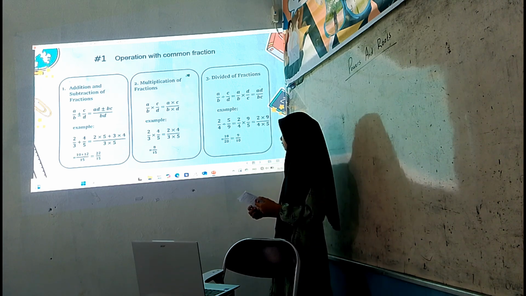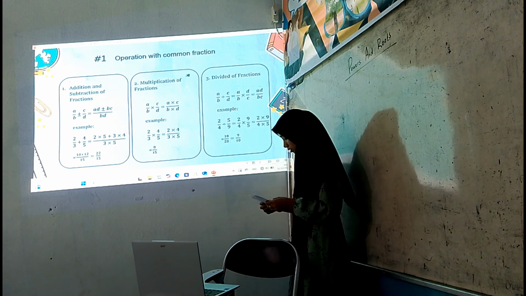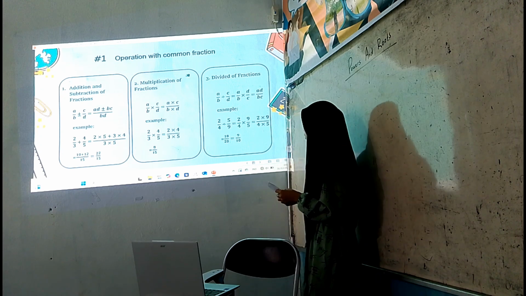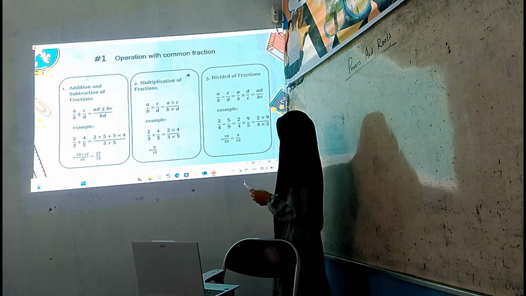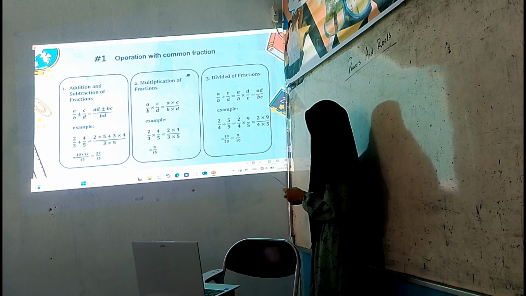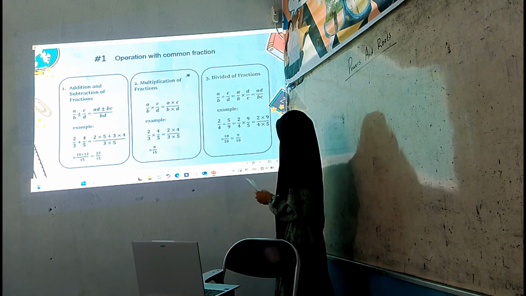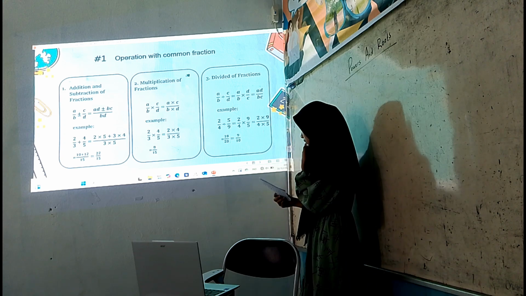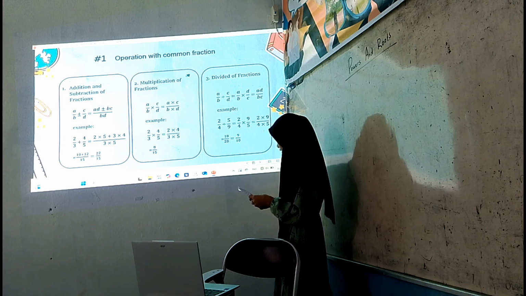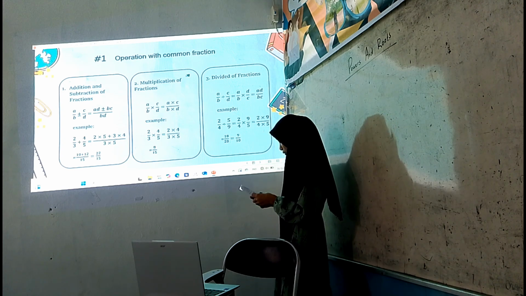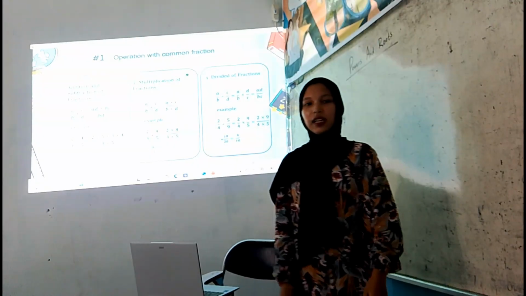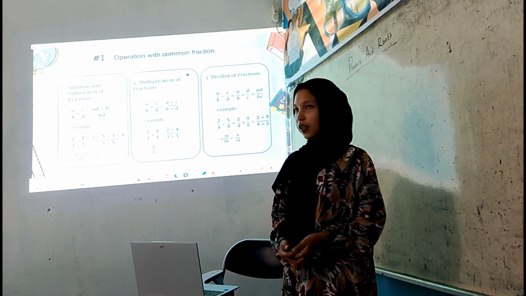Example, 2/4 divided by 5/9 equals 2/4 times 9/5 equals 2 times 9 over 4 times 5, equals 18/20, which simplifies to 9/10. And that's all the explanation from Ade Aprilia Rosa.